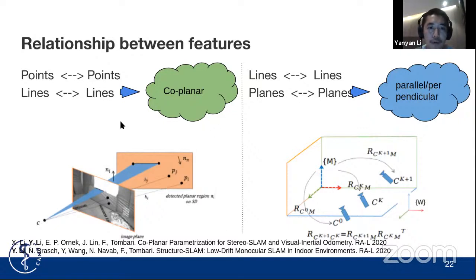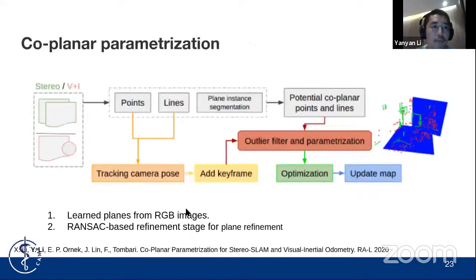And how do we use this to improve our SLAM system? Here is another paper. The input can be stereo views or just monocular plus IMU.